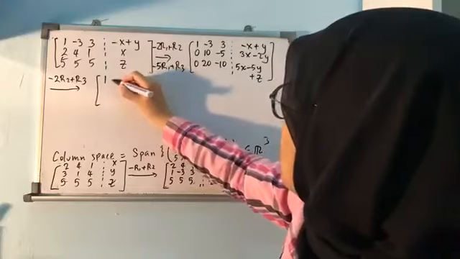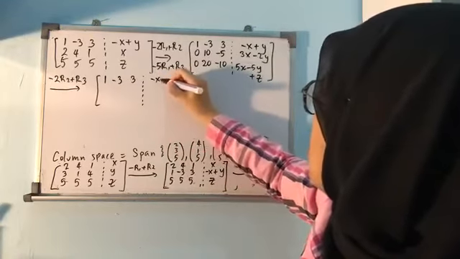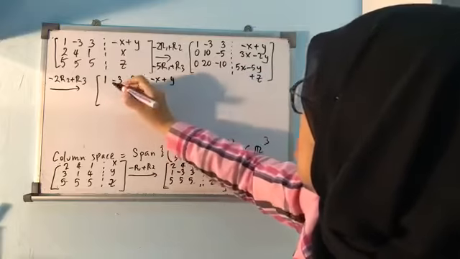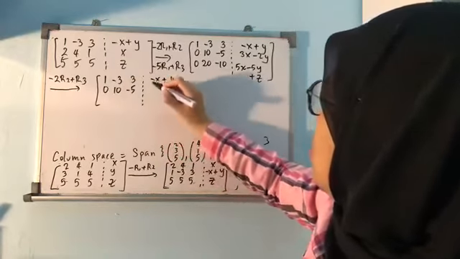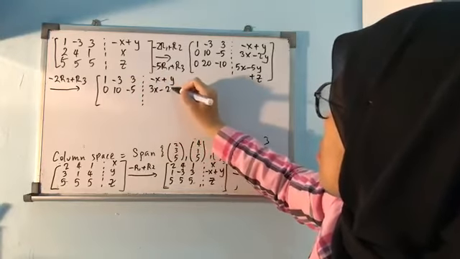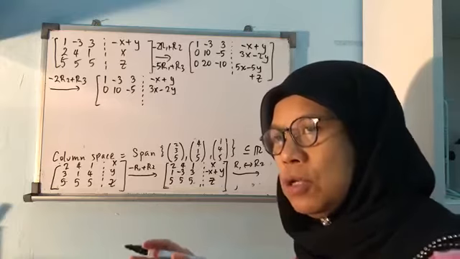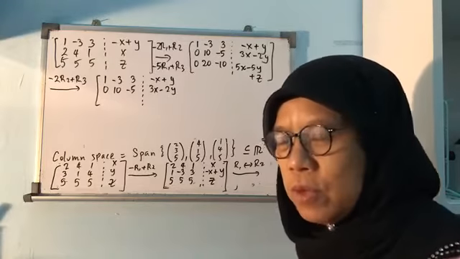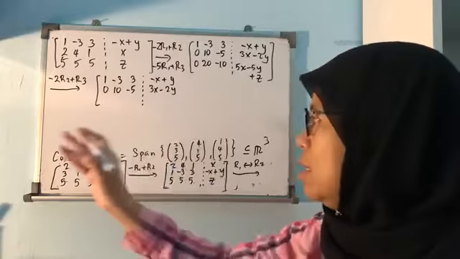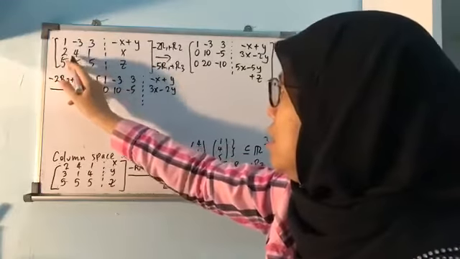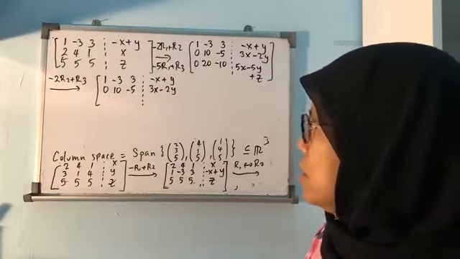So we get 1, negative 3, 3, negative x plus y. You don't need to make this 1 first, okay? You remember the rule for row echelon or row reduce, right? I normally will start with taking 1, 1, and then 1, and then 1, right? But in some cases, you don't want fractions.